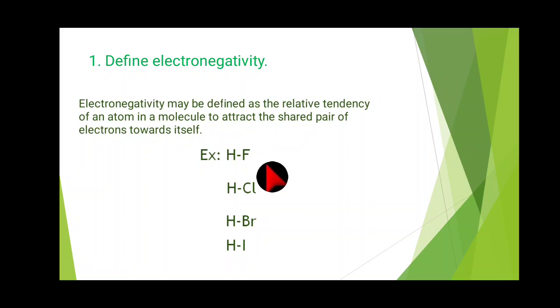So when we compare fluorine, chlorine, bromine, iodine, fluorine is more electronegative. Chlorine is more electronegative than bromine. Bromine is greater than iodine, right? So top to bottom, the electronegativity decreases, right? It is very important. The statement and examples we should write.